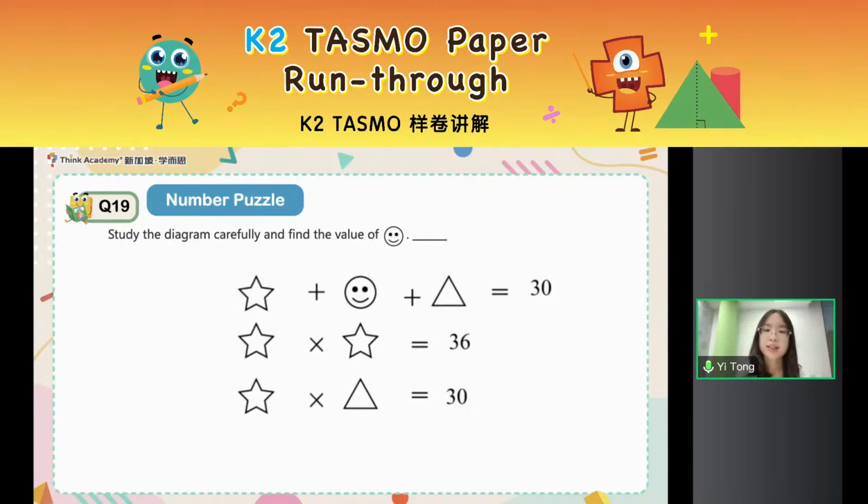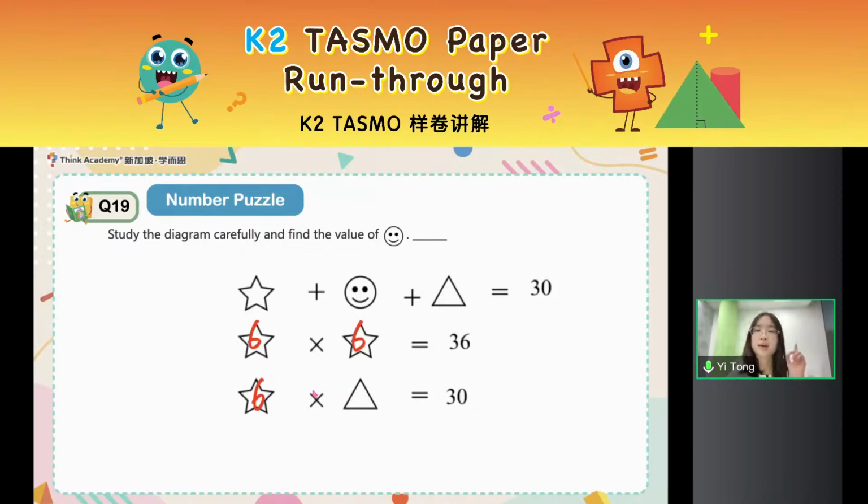So think about the times table. What number times itself is 36? It's 6. 6 times 6 equals 36. Now, what is the value of the star again? The value of the star is 6.